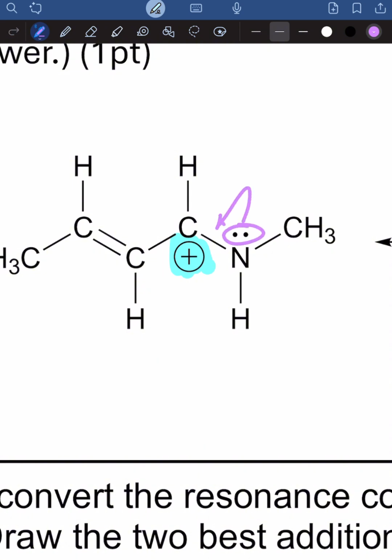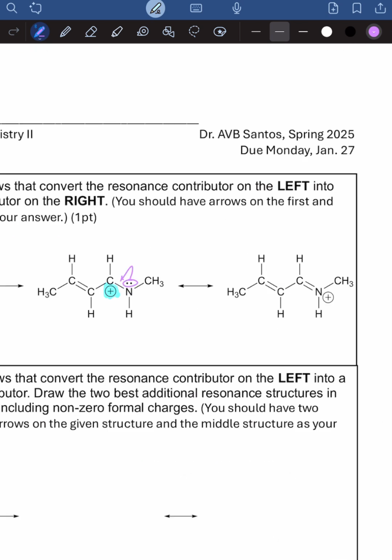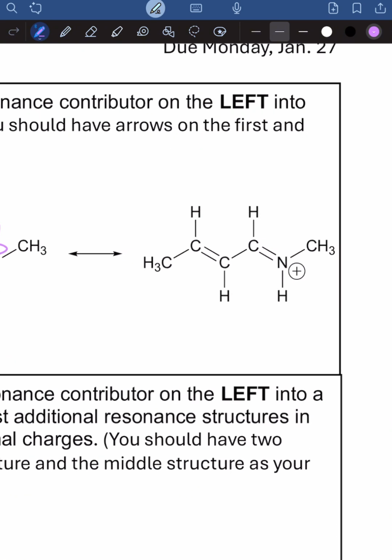And once that swings over, we're given this final structure. And this structure we know is the correct answer because the electrons from the nitrogen swing over, forming a double bond, and with all resonance structures, the charge must remain the same across the whole molecule. Okay, so this one is done.